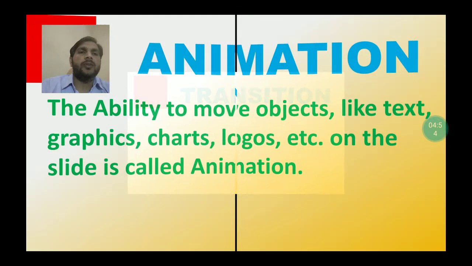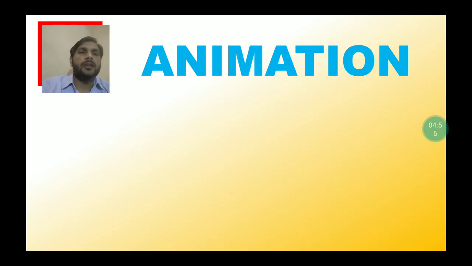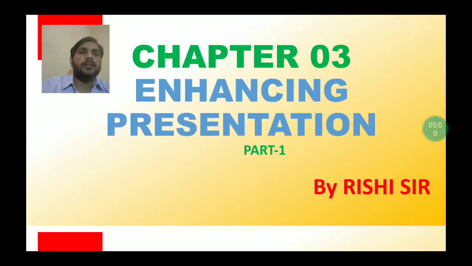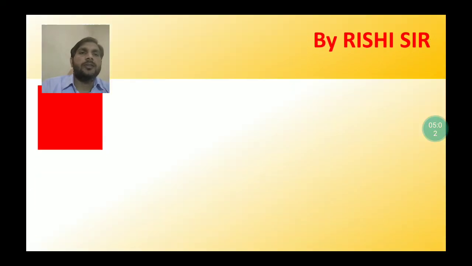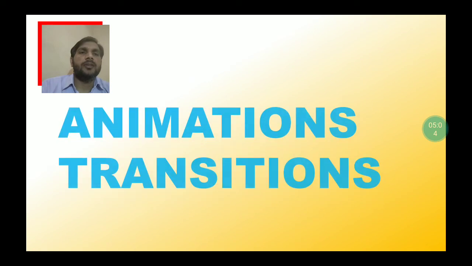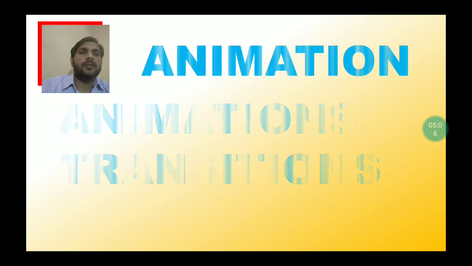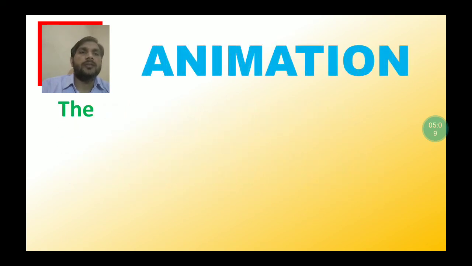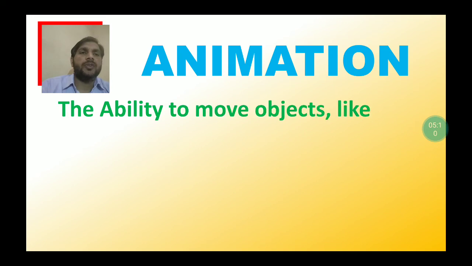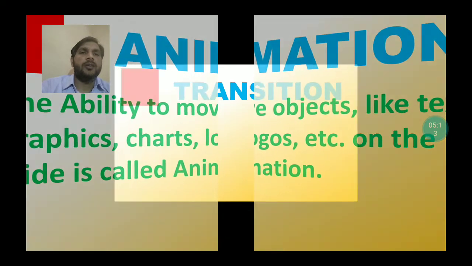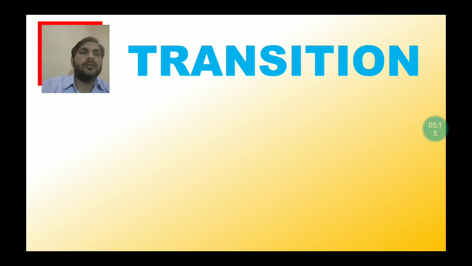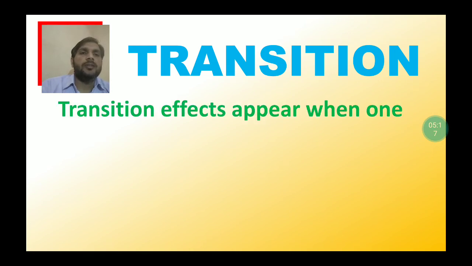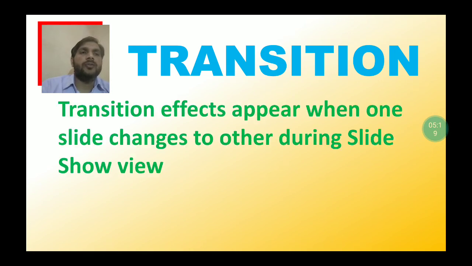So now you can differentiate between animation and transition. This is transition. This is animation here. And now transition. This is animation. Now this is a transition effect. We can change these effects according to our choice.